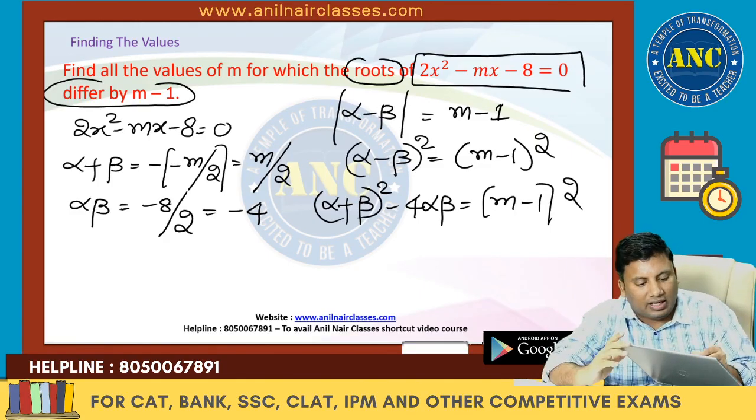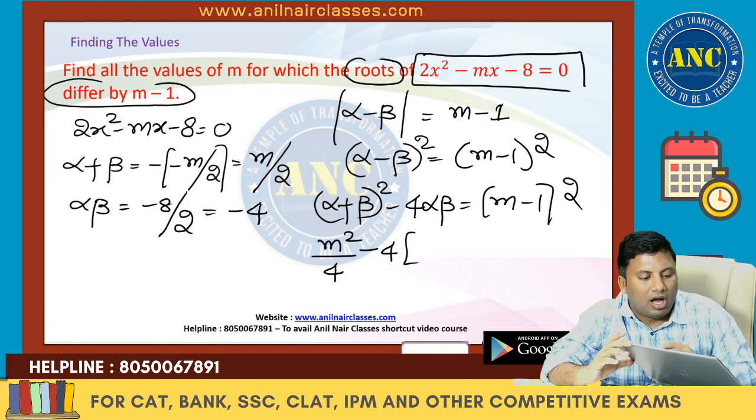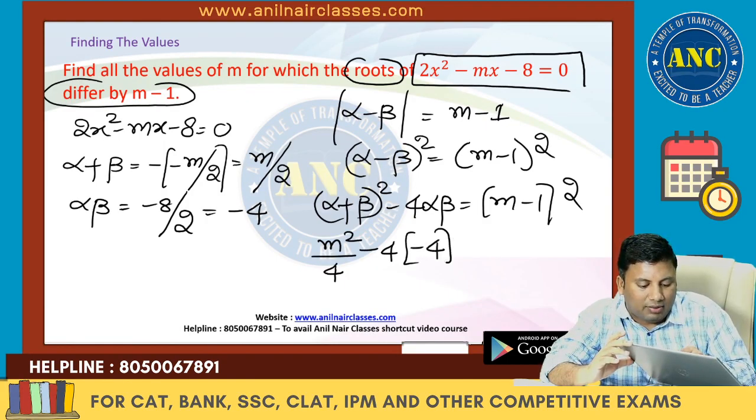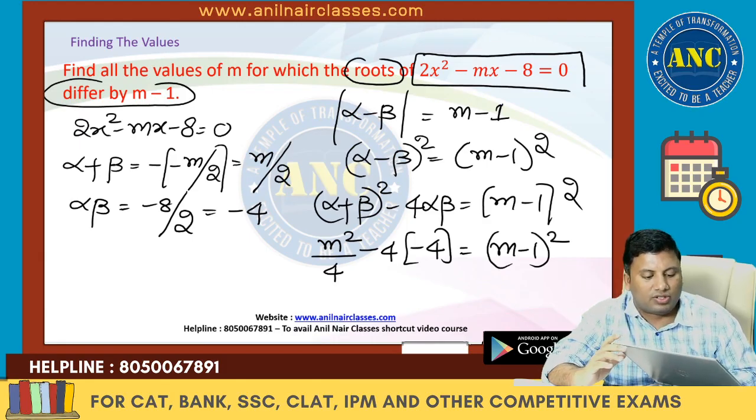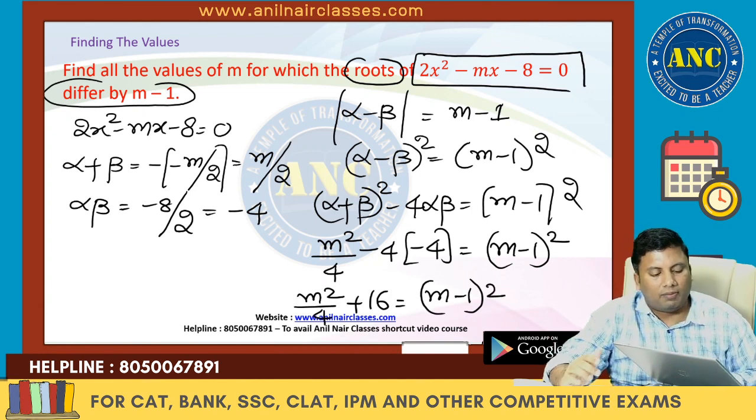Alpha plus beta is m square by 4, minus 4 into alpha beta, which is minus 4, equivalent to m minus 1 whole square. So m square by 4 plus 16 is m minus 1 whole square.